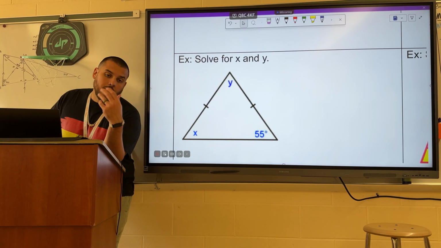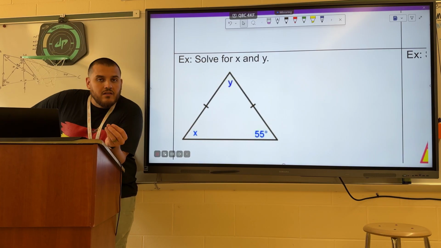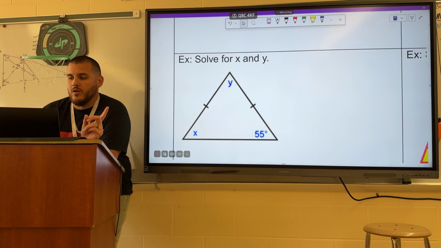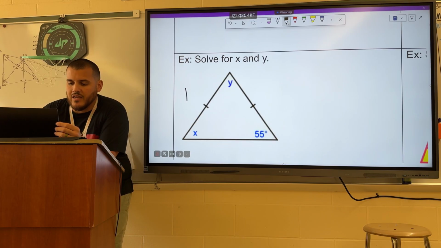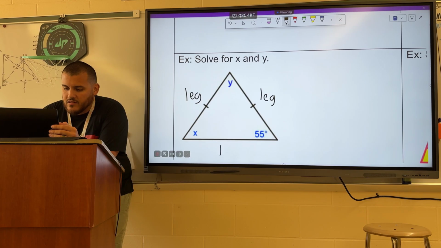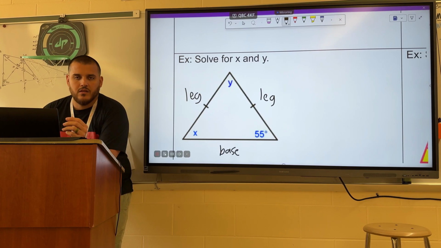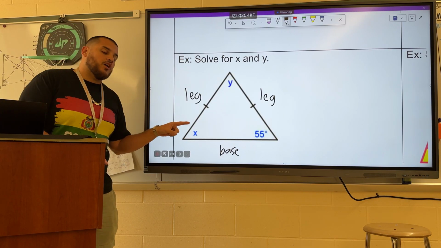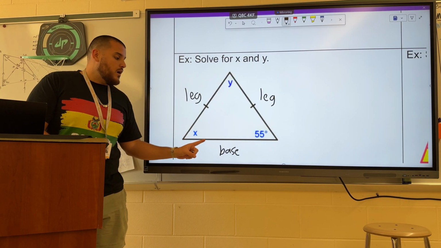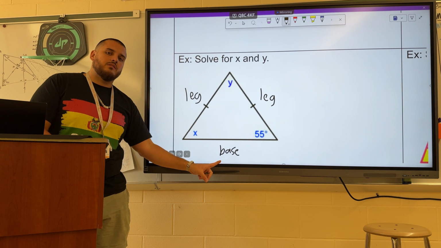Let me remind you, identifying the parts is extremely important. Remember, those congruent sides with the same amount of dashes are called the legs of the isosceles triangle. So we got leg, leg. This other side is called the base. And the reason it's important to remember this is because the congruent angles are going to be the angles that touch the base.